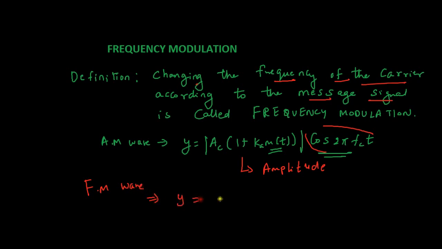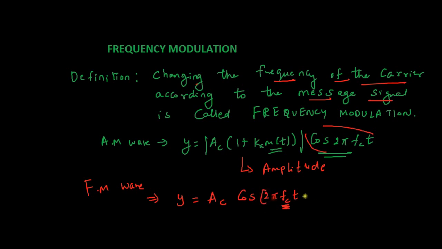Say y is equal to, since we are not touching the amplitude of the carrier, it will remain same as the carrier wave of the FM. So the amplitude of the frequency modulated wave is same as the amplitude of the carrier wave or signal. However, in this part cos 2 pi fct, this fc will be varied in accordance with the message signal.